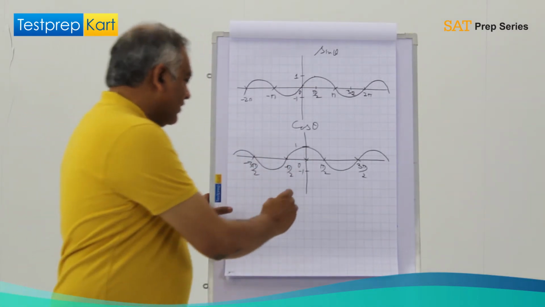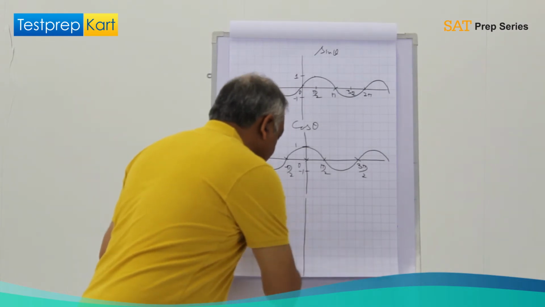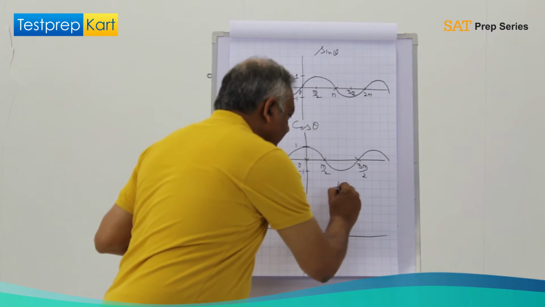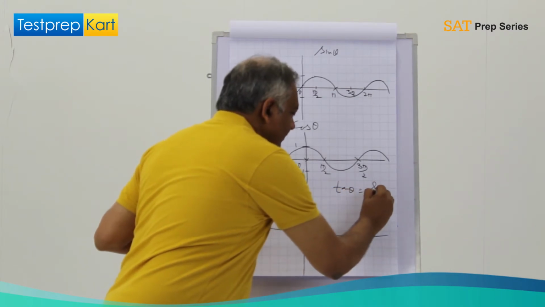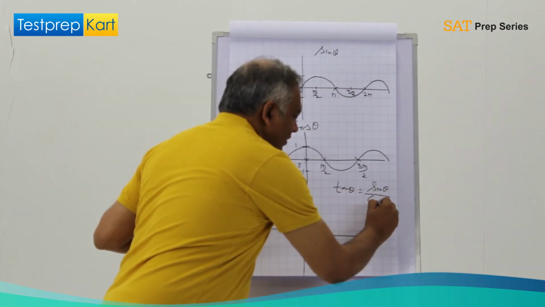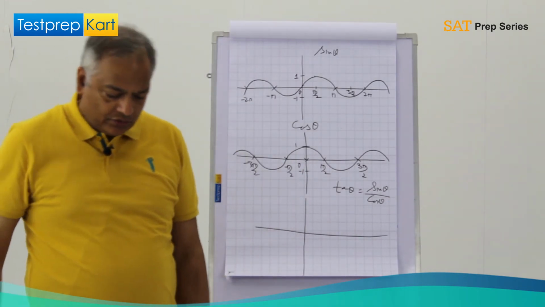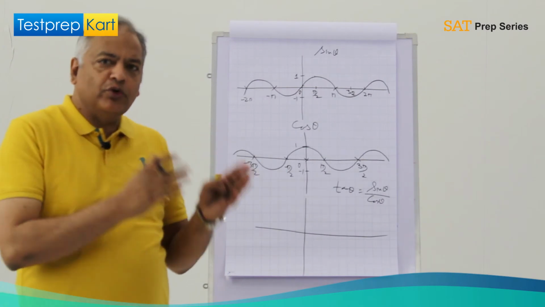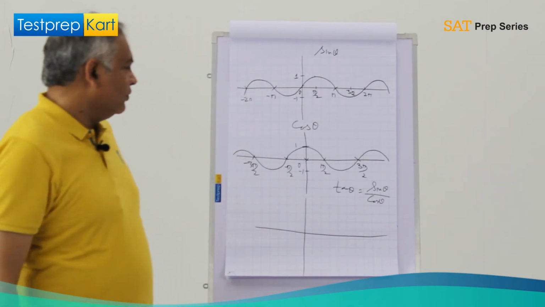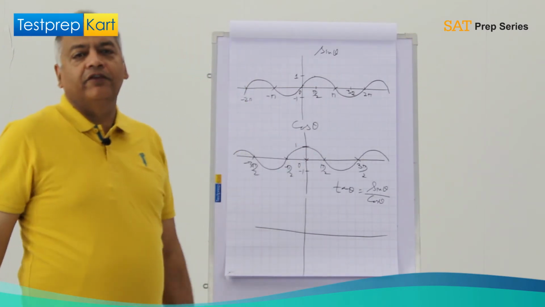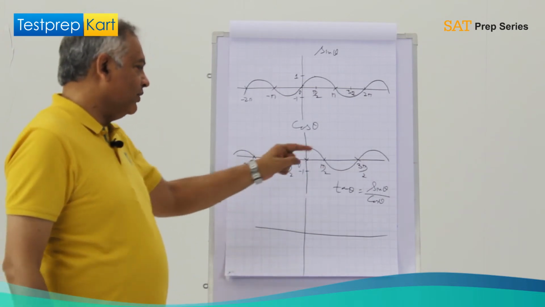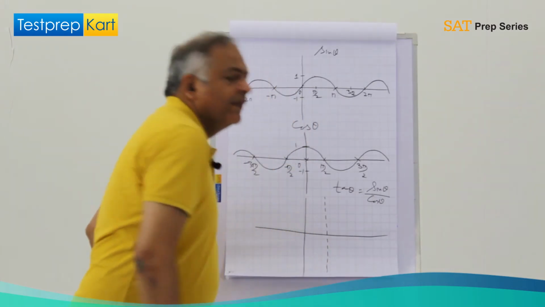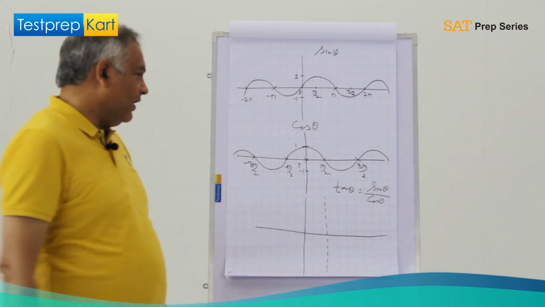Now one more graph, that of tan theta. Tan theta is sin theta divided by cosine theta. Therefore, whenever cos theta is 0, that will be an asymptote of tangent theta. Cos theta is 0 at pi by 2, negative pi by 2, and so on. It's a convention to draw asymptotes as dotted lines.